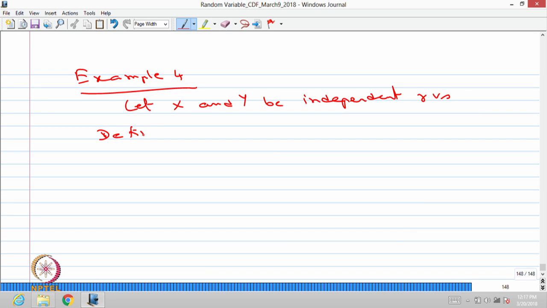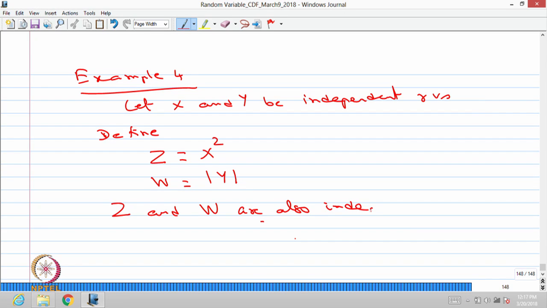Define Z equal to X square, W equal to mod Y. That means I am creating g of X as X square and h of Y as mod Y. And since these two are Borel measurable functions, we can conclude Z and W are also independent random variables.